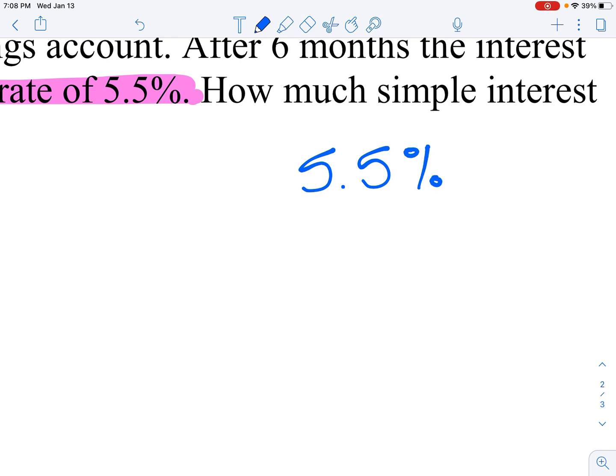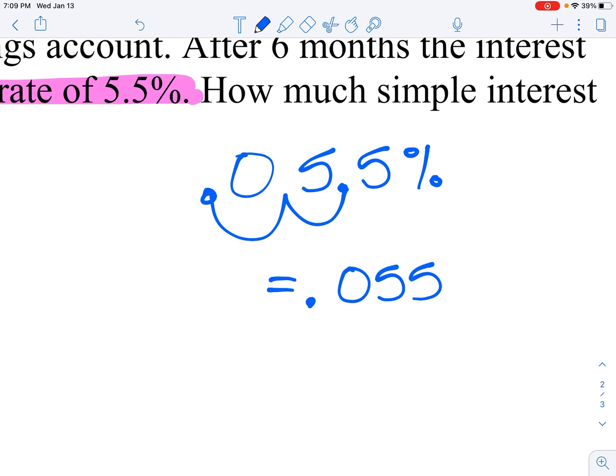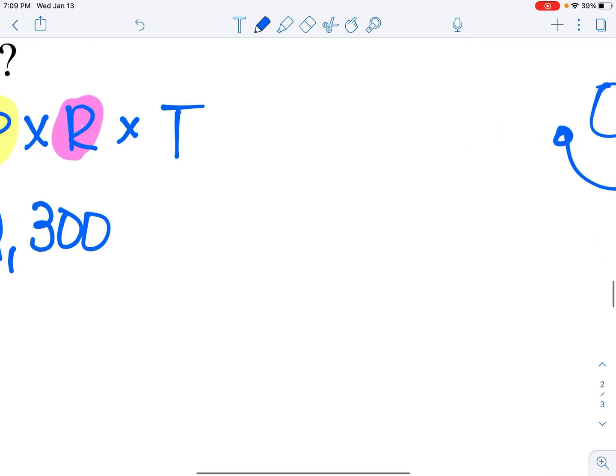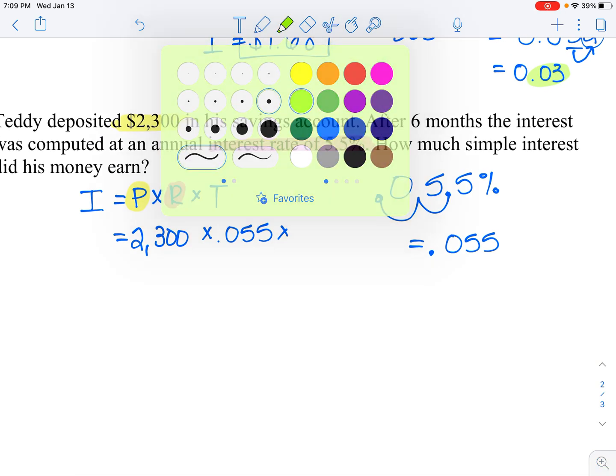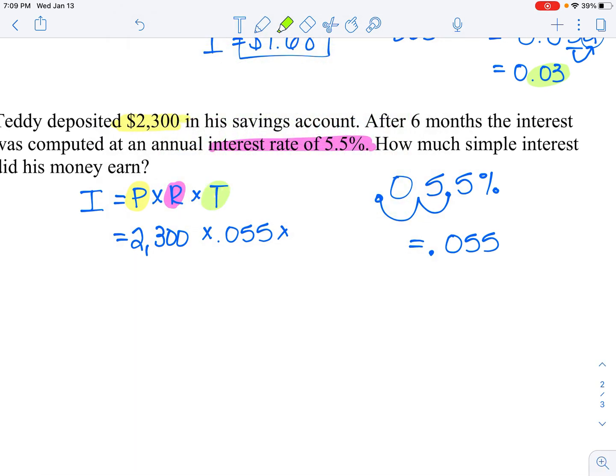This one is nice because the decimal is given to us. So we're going to take that decimal and we're going to move it twice to the left, once, twice. And in that big empty spot, we're putting a 0. So we got 0.055 as my rate.